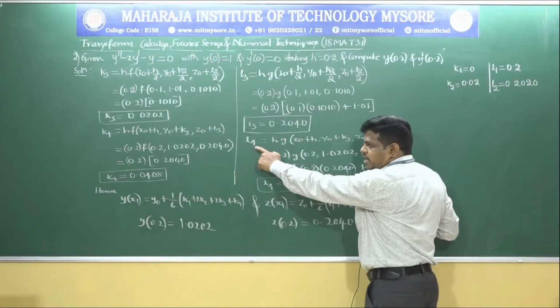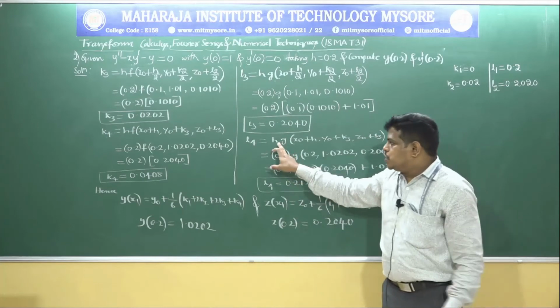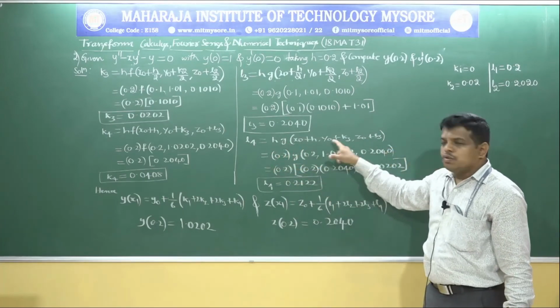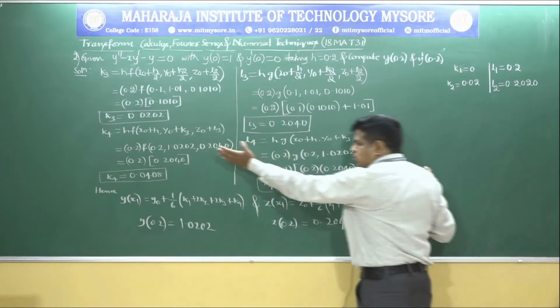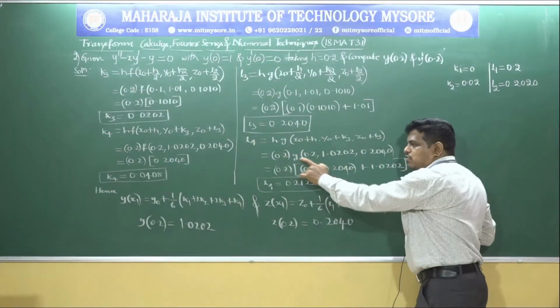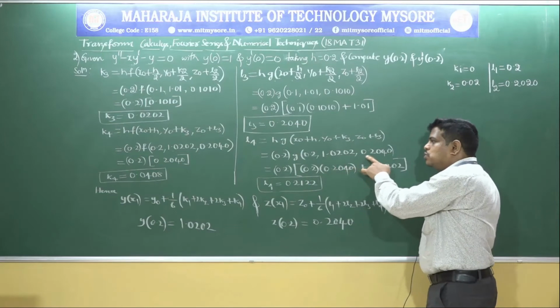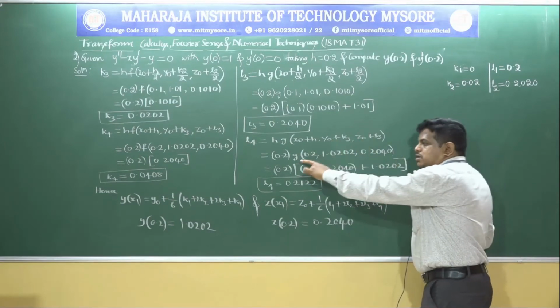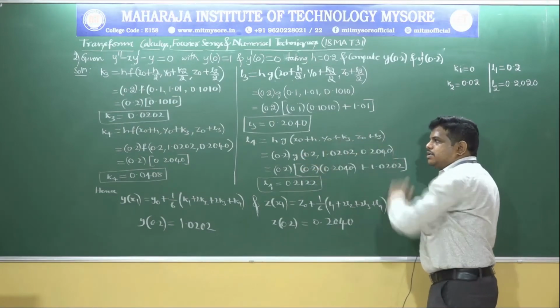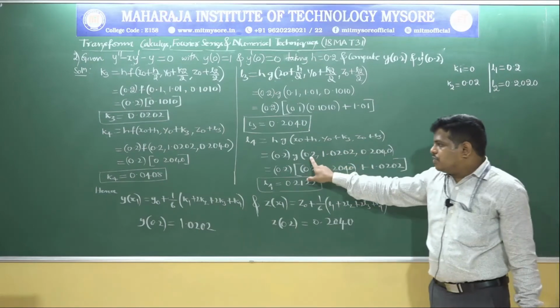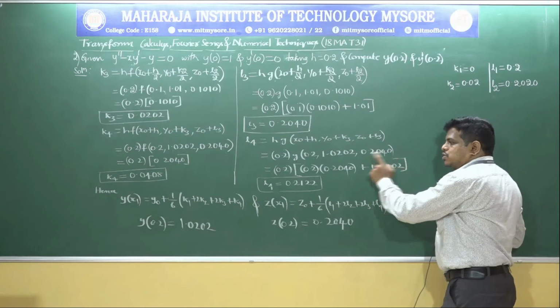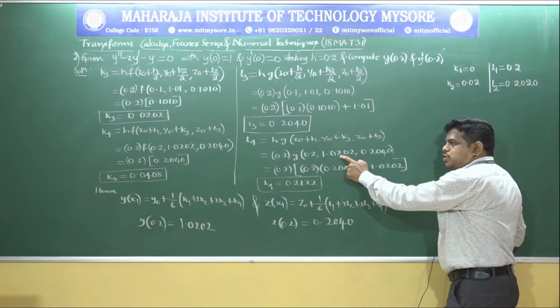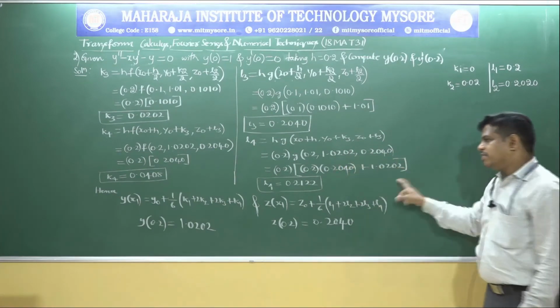Next, lastly, we need to find L4. L4 is given by h into g of x naught plus h, y naught plus k3 and z naught plus L3. Again, replacing all the values, we get g of 0.2, 1.0202, 0.2040. Since g of x comma y comma z is xz plus y, here x value is 0.2, z value is 0.2040, next plus 1.0202 is your y value.